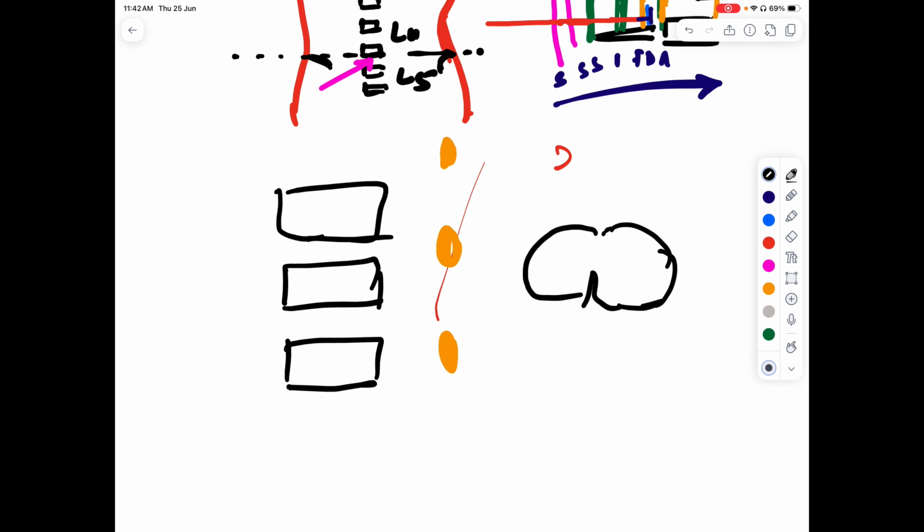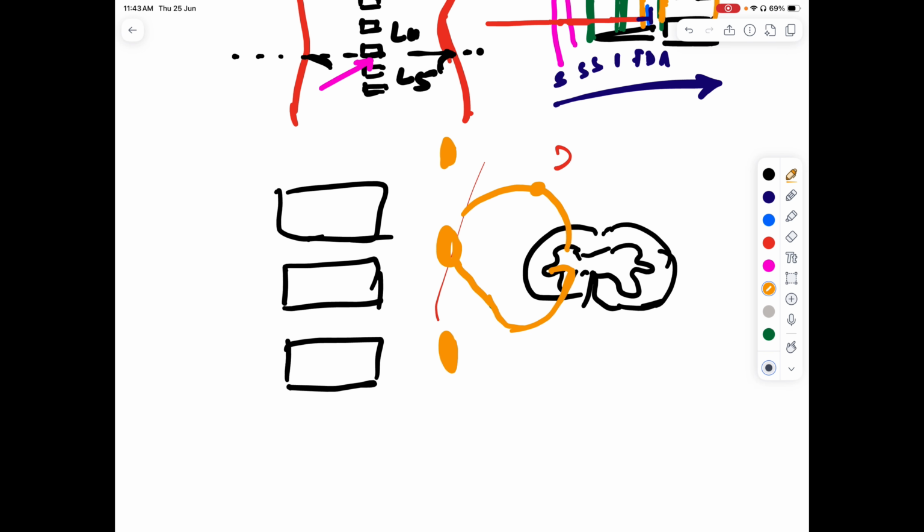It has a lateral horn, anterior horn, and posterior horn. From the anterior horn you get the nerve fibers, and from the lateral horn they go to the sympathetic ganglion. The posterior horn forms the sensory part. Here is the spinal ganglion, and this is the sympathetic ganglion.